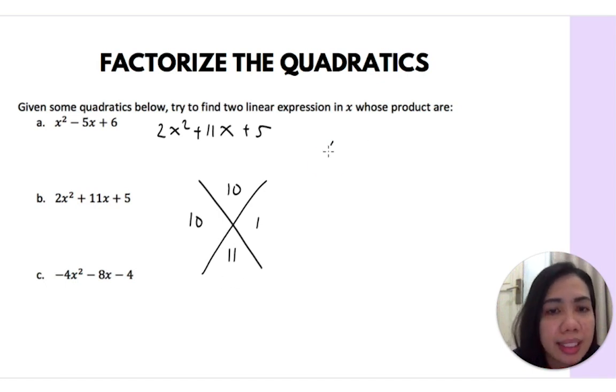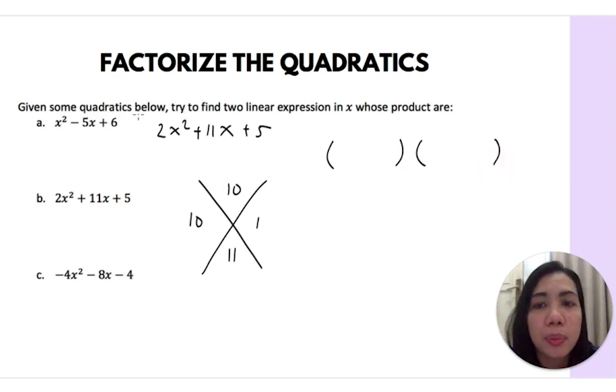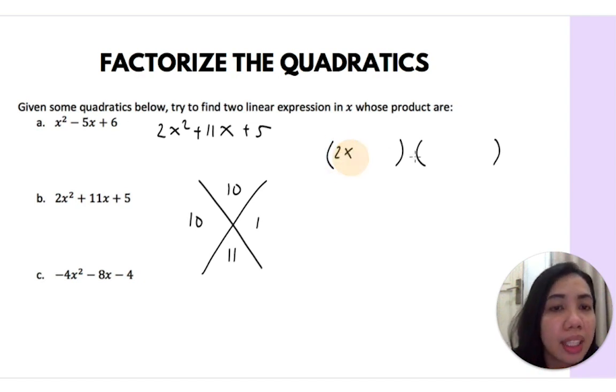Okay, the next thing, I write in these two brackets here, and in here actually we have 2x squared. We can put in here 2x and 2x, but whenever I multiply them, I'm going to get 4x squared.